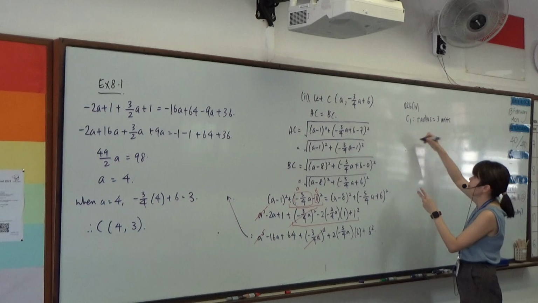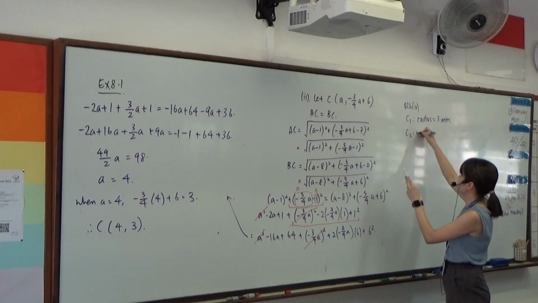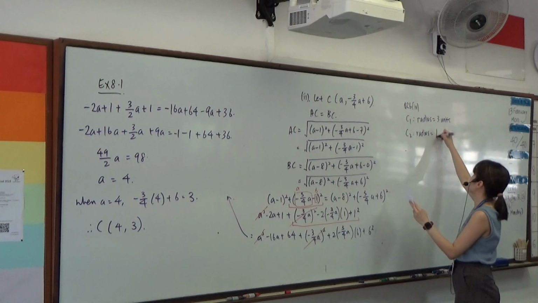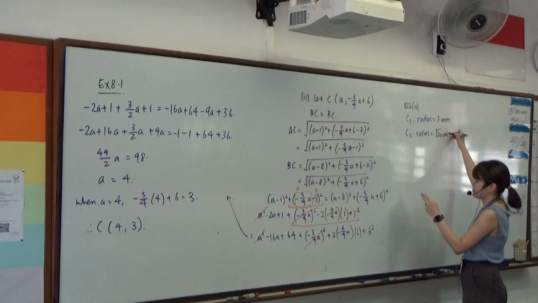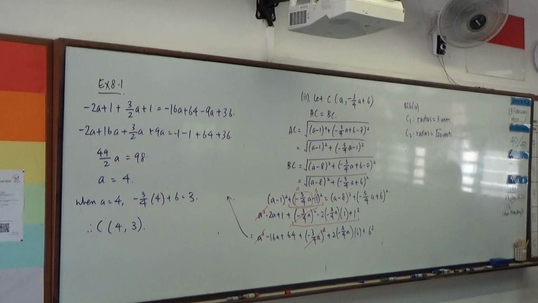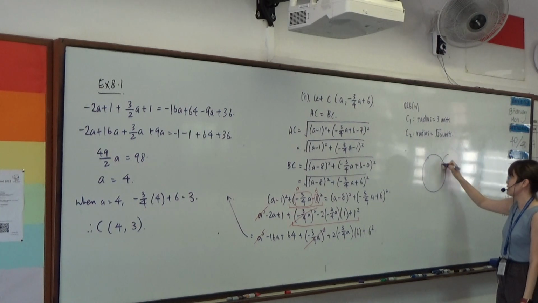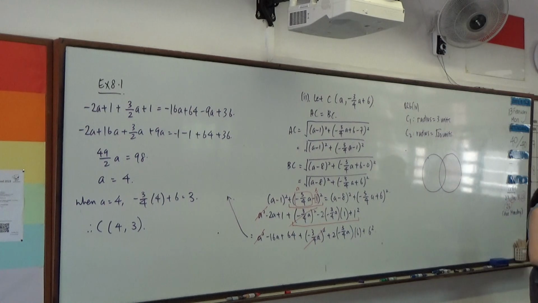And then for circle C2, the radius is found to be square root 20 units. Question wants us to find out whether the circles intersect each other or not. Okay, so how does intersection of two circles look like? It just simply looks like overlapping of Venn diagrams. So that's the idea of intersection we're looking at.